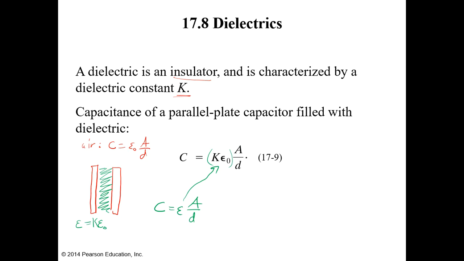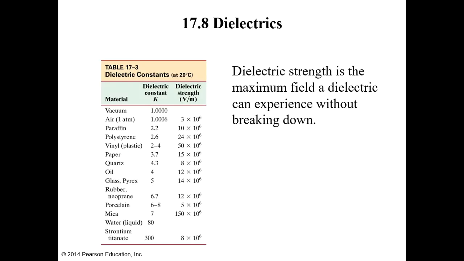Well, what would be the use of something like this? Here are some different dielectric constants, and you can see that all of these different materials have much larger dielectric constants than just plain air. If you look at Q equals CV, let's go ahead and write this out.